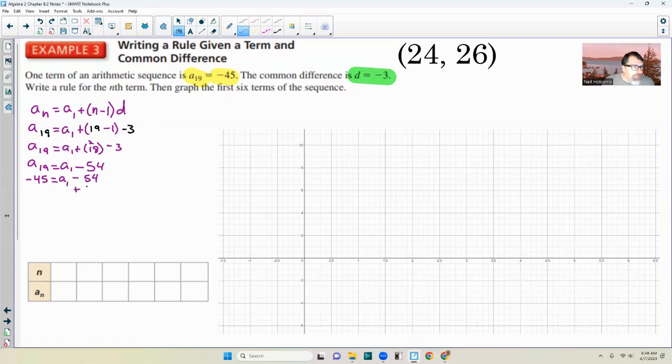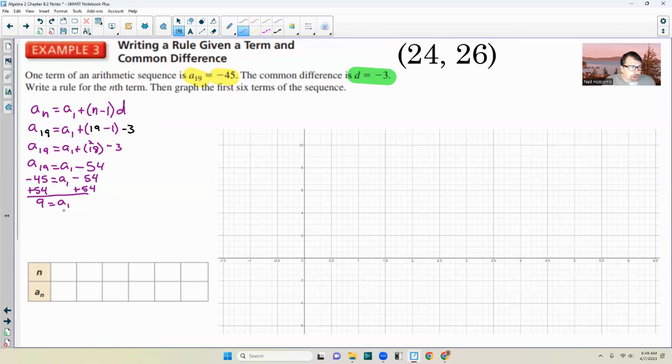So I add 54 to both sides and I get my first term. Okay, these cancel and I get a sub 1 equals 54 minus 45 is 9. Okay, so my first term is 1 and my first term, n is 1, a sub 1 is 9.